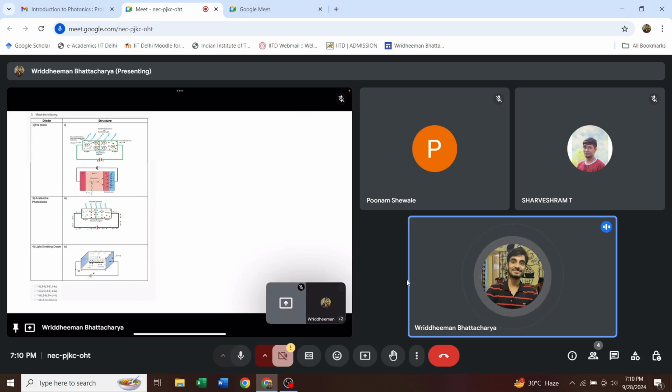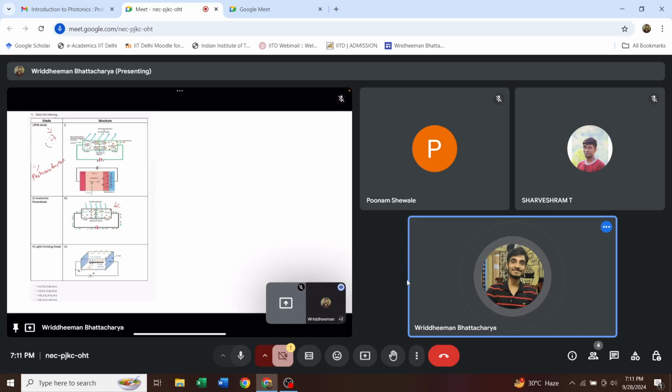So for the first question, we have to match the following schematics. For the pin diode it is obviously this one, right?